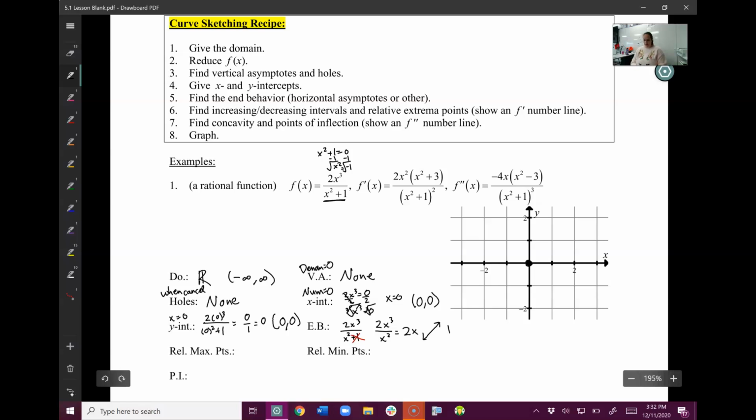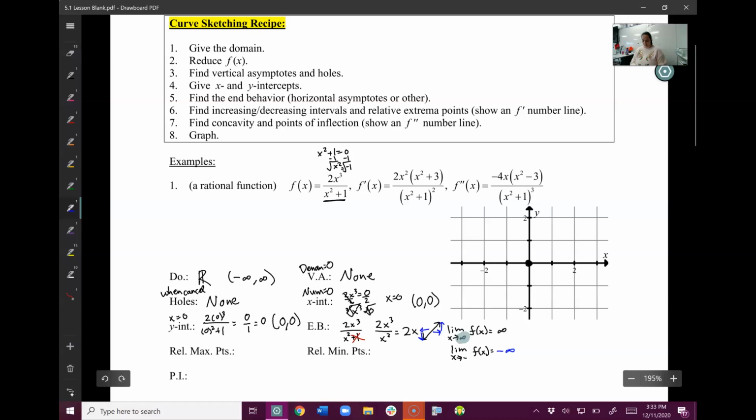So that means my end behavior as I go to infinity to the right is going to be up to infinity. And my end behavior as I go to the left is going to be down to negative infinity.